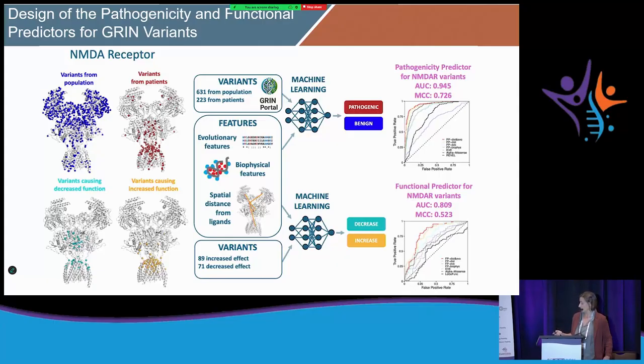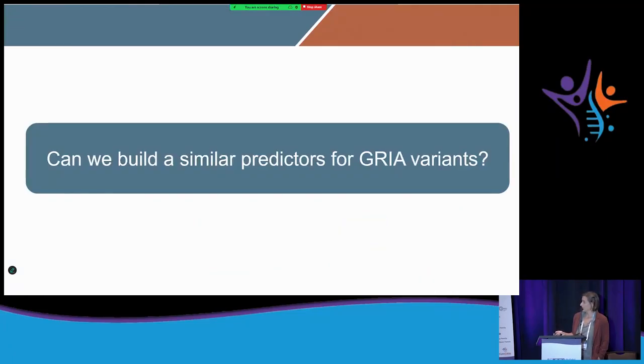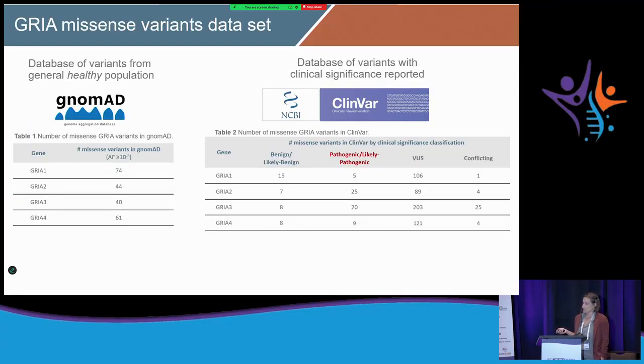So our challenge now is: can we build a similar predictor for variants in the GRIA genes? We first studied and downloaded the GRIA variant dataset that we have in public databases. So variants from gnomAD, which represent variants from a general, supposedly healthy population.